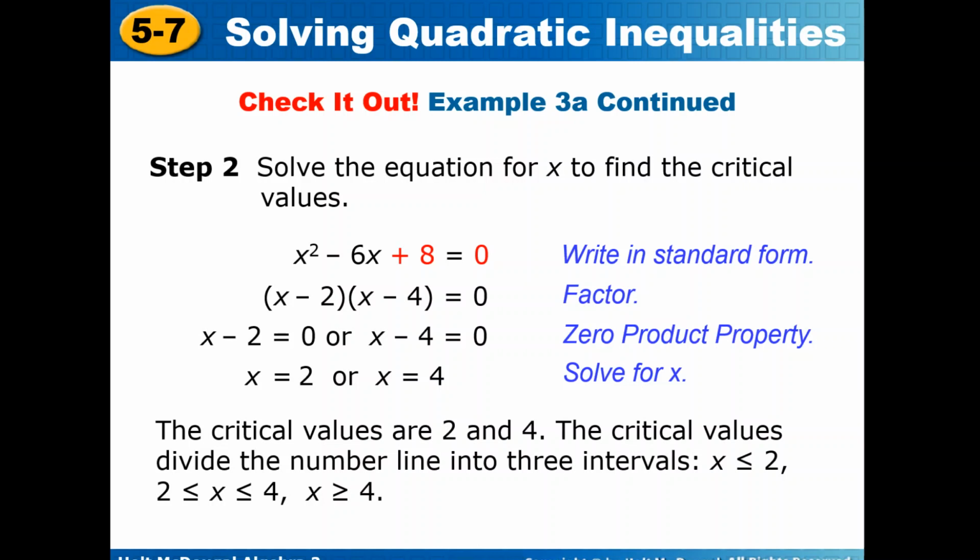So we divide it into our 3 regions. Remember, I had x is less than 2, or x is greater than or equal to 2 and less than or equal to 4, and then x is greater than 4. Okay, so those were the 3 regions that we divided it into.